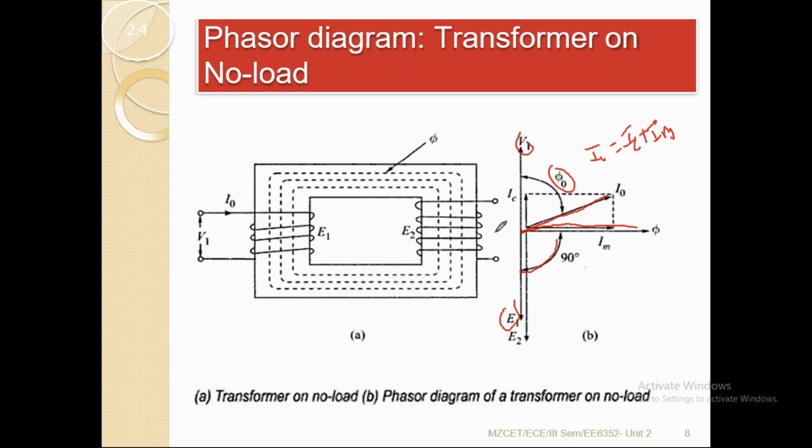If it is open circuited, there is no flow of current, so we can't get voltage V2. That's why we have only V1, I naught, E1 and E2. I naught is a combination of IC plus IM. So this is the phasor diagram of the transformer on no load condition. On no load condition, you will get a graph like this.